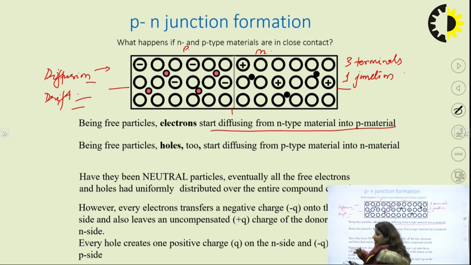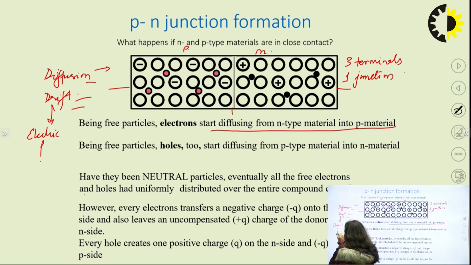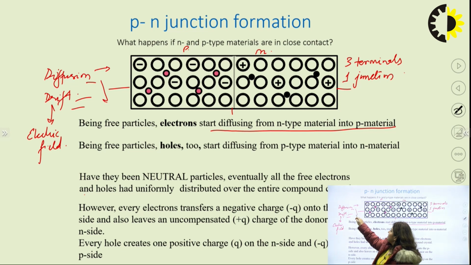When you apply any electric field, under the influence of that electric field, there will be some drifting of the charge carriers, or the movement of the charge carriers from one region to another. So obviously in the PN junction, we have both these phenomena. Diffusion will go on by its own. On the other hand, for the drift, we have to apply some electric field, which is obviously the applied electric field from the outside.